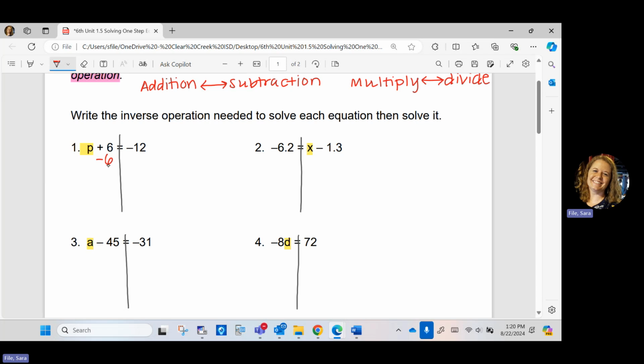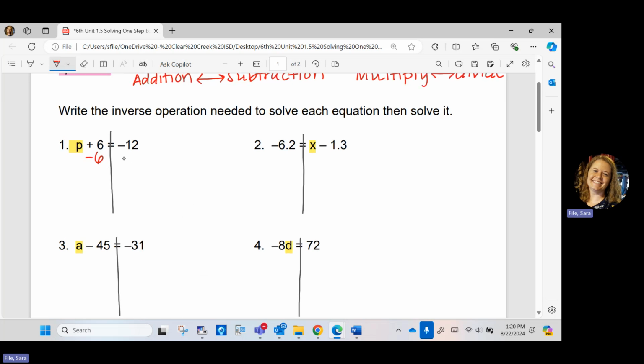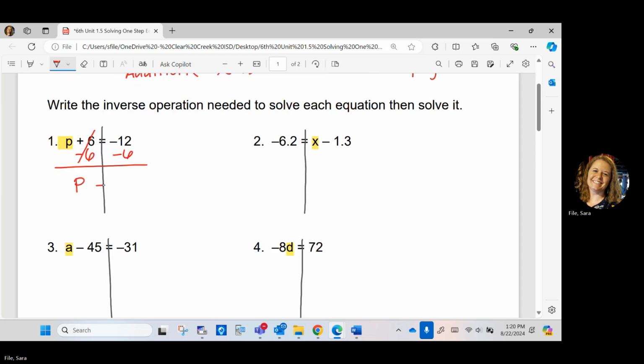What we do to one side, we do to the other. So you have to do it on both sides of that equal sign. So I have to subtract 6 on both sides, which isolates my P, and that is negative 18. Sometimes it's as easy as subtracting a number. It's whatever the opposite operation is.